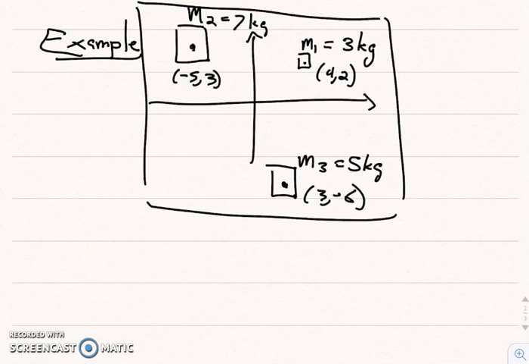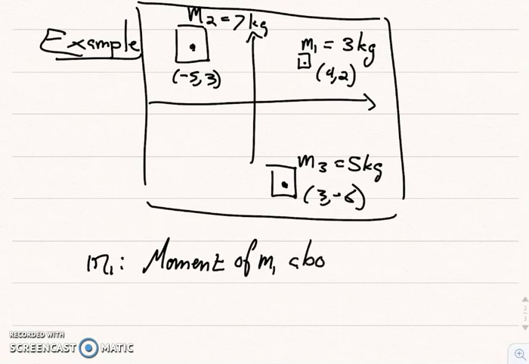Now let's go back and consider M1. The moment of M1 about the y-axis measures the tendency of M1 to tilt or rotate the system if the y-axis is considered as a fulcrum.